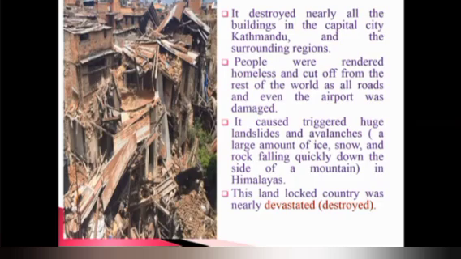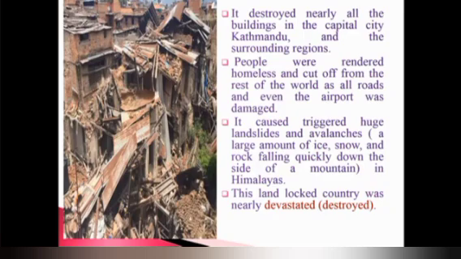It triggered, which means it caused, huge landslides and avalanches in the Himalayas. So what is meant by avalanches? Avalanches means a large amount of ice, snow and rock falling quickly down the side of a mountain.